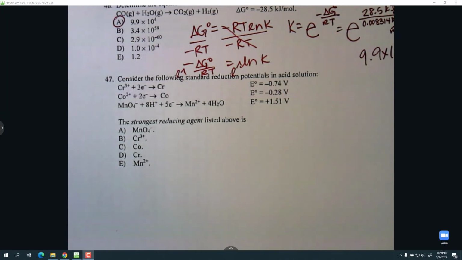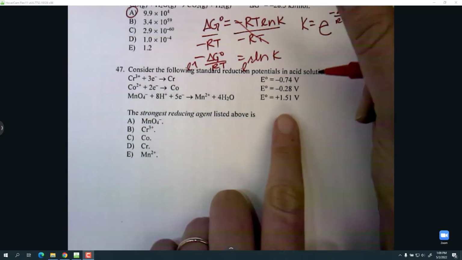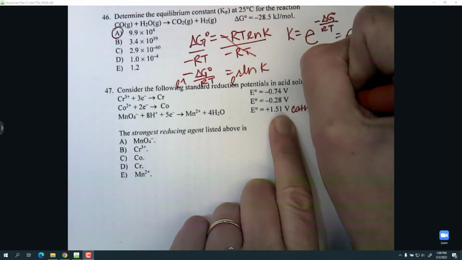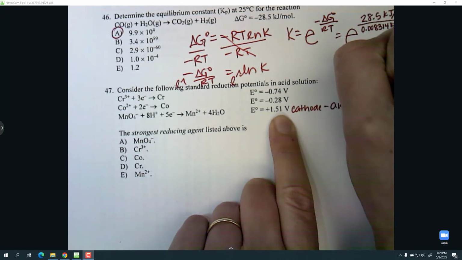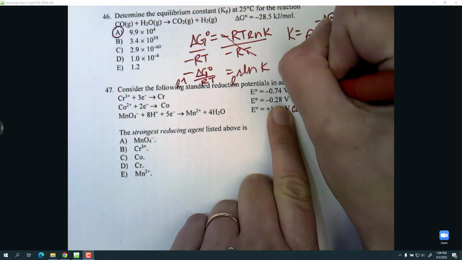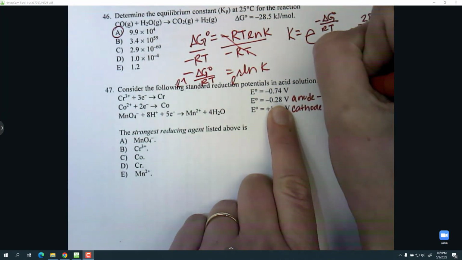All right, standard reduction potentials, which is the strongest reducing agent. Let me just look at these choices. Whichever one has the biggest number would be the cathode, and the smallest number would be my anode. They're not in order.